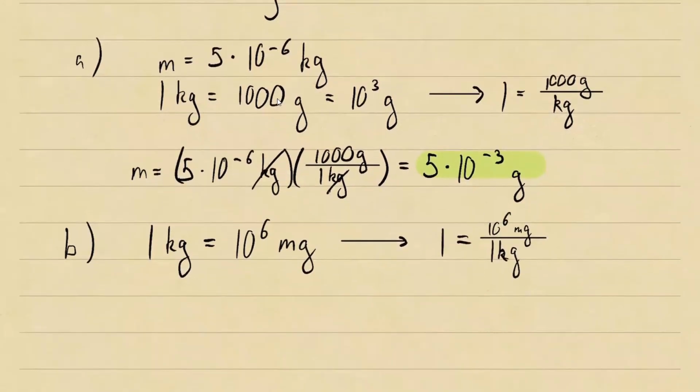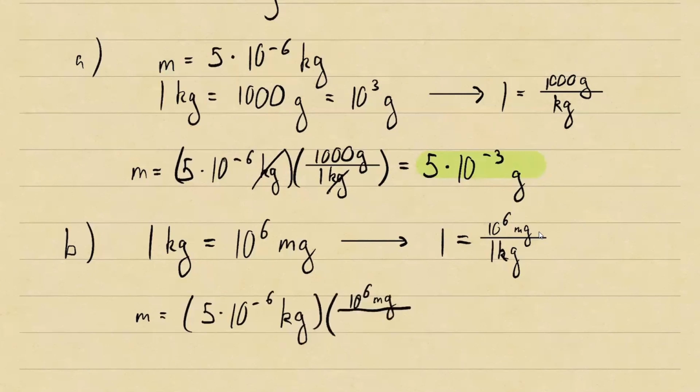So then we have our mass which is 5 times 10 to the negative 6 kilograms, times our conversion factor, which is this right here, 10 to the 6 milligrams per 1 kilogram.